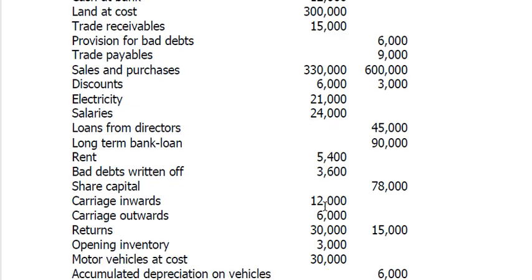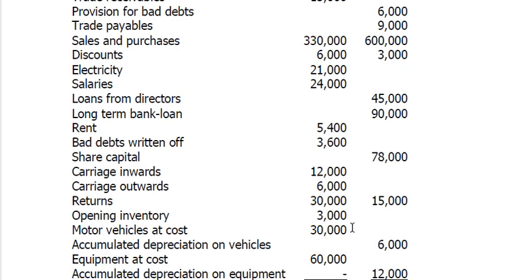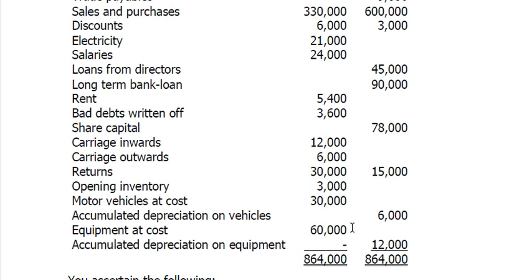We have the opening inventory, motor vehicles at cost, but these motor vehicles depreciate, and we have accumulated depreciation on the vehicles, that is 6,000. Then we have equipment at cost, accumulated depreciation on the equipment.